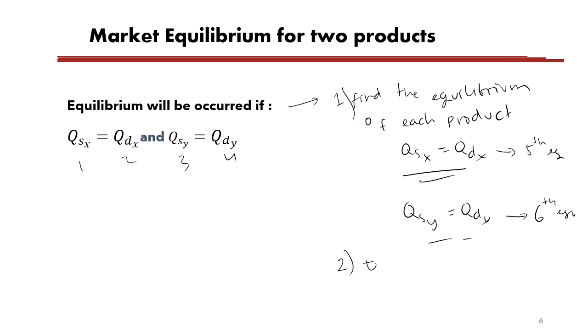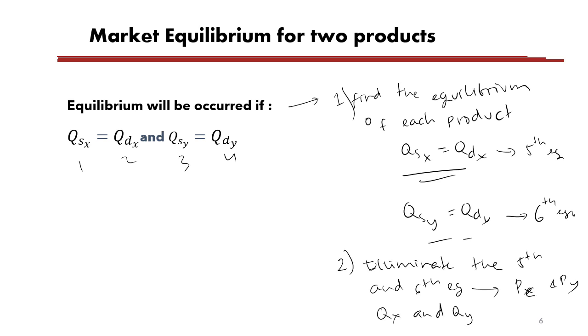Then next, eliminate the fifth and sixth equations to find the price of x and y, Pex and Pey.